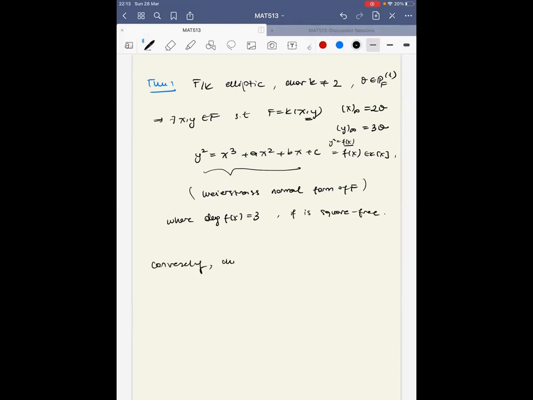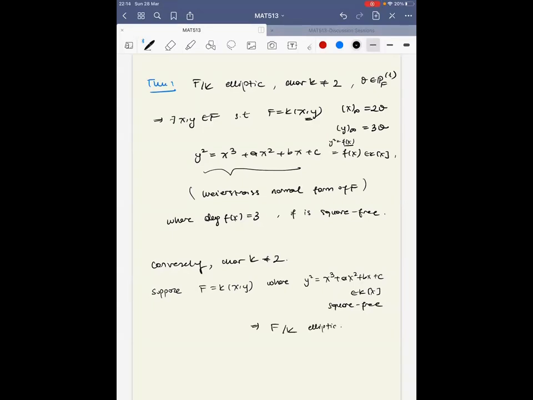However, as a statement, and conversely, we can also say that if we are given a function field F = K(x,y), where x and y satisfy this algebraic relation, indeed it is also known that this gives us the elliptic function field.